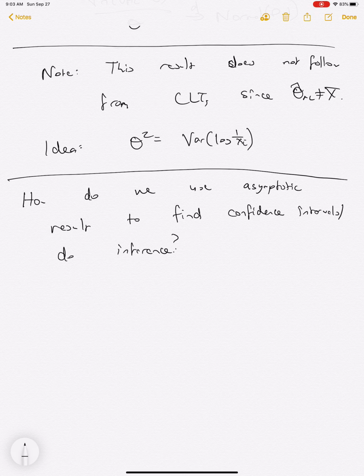So the next question is, how do we use this asymptotic result to find confidence intervals or do inference?